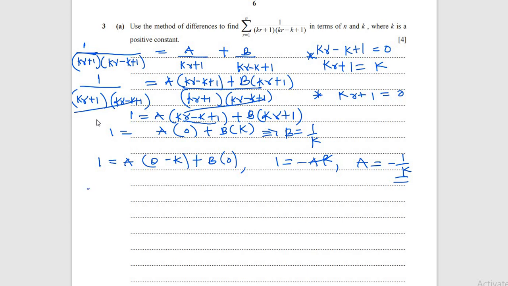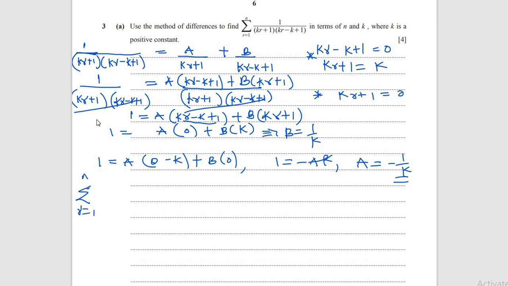Hence, the summation of r equal to 1 to n, 1 over kr plus 1, kr minus k plus 1 will equal to, what's our a?